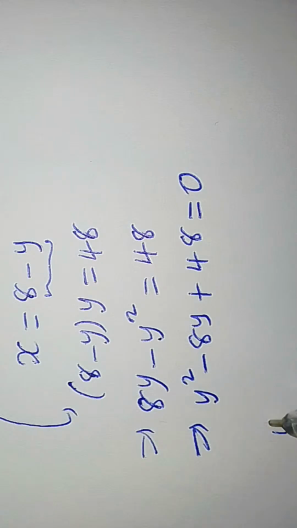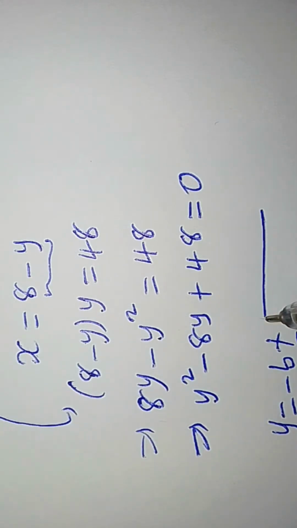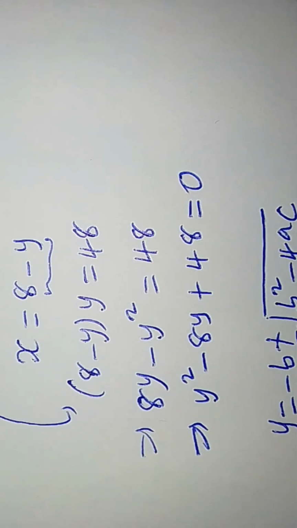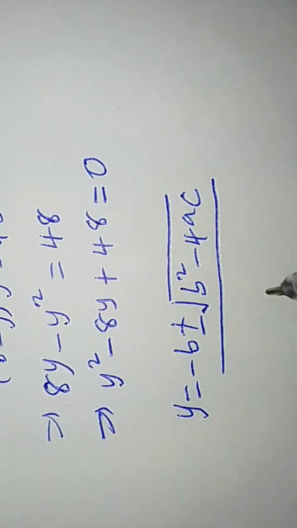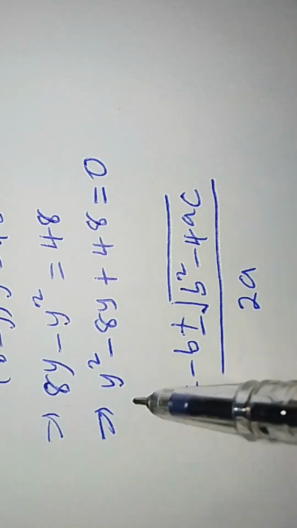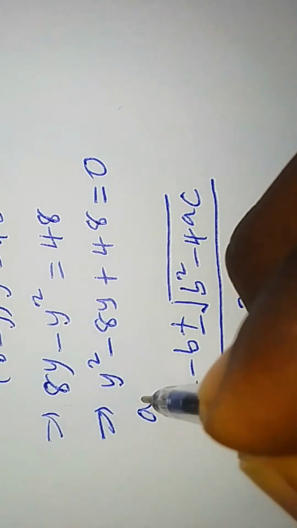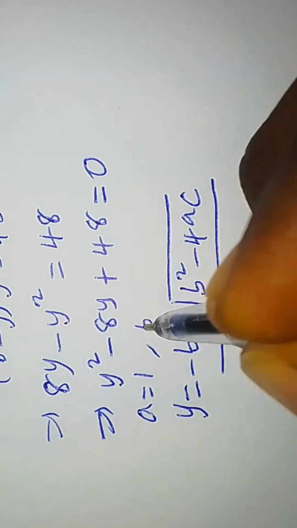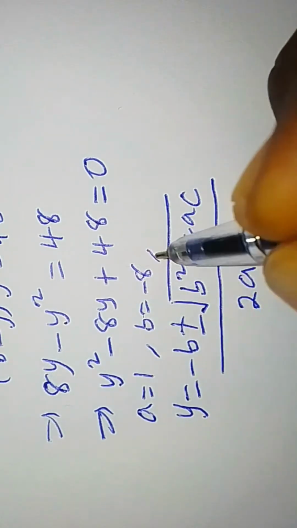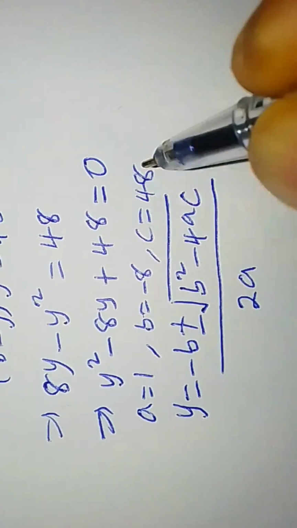It says y is equal to minus b plus or minus square root of b squared minus 4ac, divided by 2a. From this equation, a is equal to 1, b is equal to minus 8, c is equal to 48.